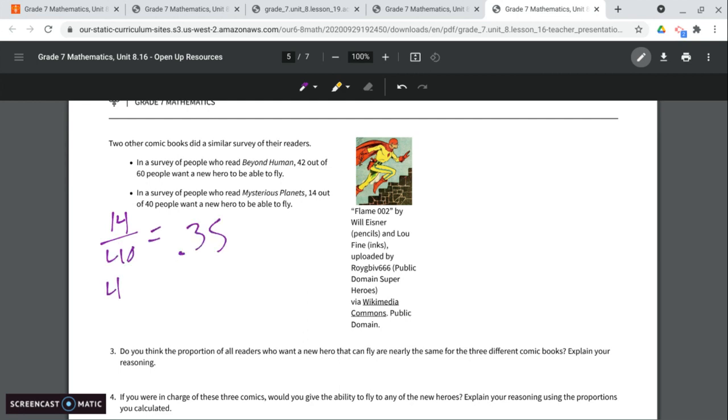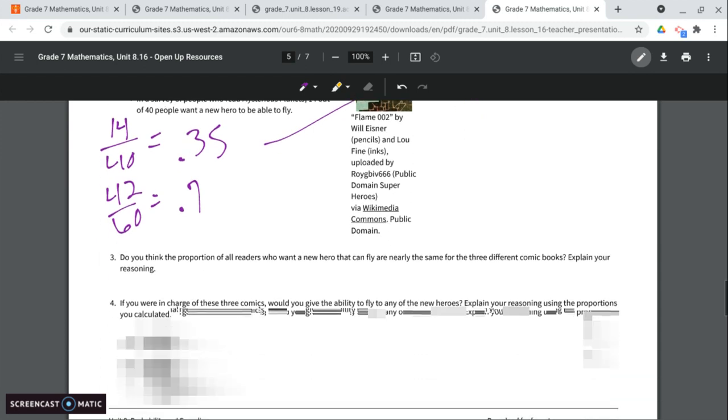And if we take 42 and divide it by 60, we get 0.7. So we have a pretty big difference there, and the other one that we did on the previous page was 0.4. So these two are pretty close together, but that 0.7 is way out there. Definitely more readers of Beyond Human want the hero to fly than the others.